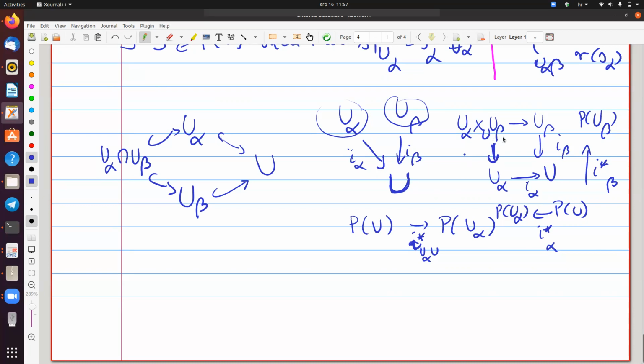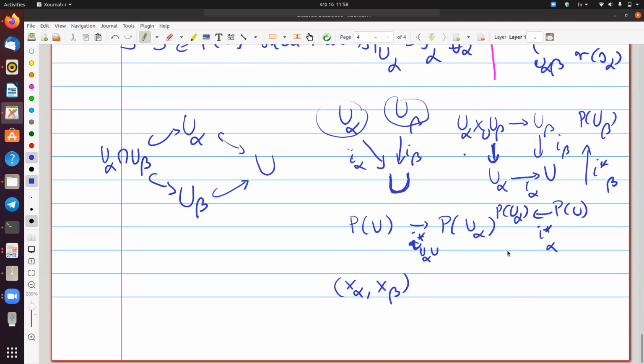We look at the points in the intersection. These are points in U alpha and U beta which go to the same point in U. So you take a point X alpha and some X beta, and they become the same in U. These abstract sets you can compare only when they sit in U. Then that's X in the intersection.